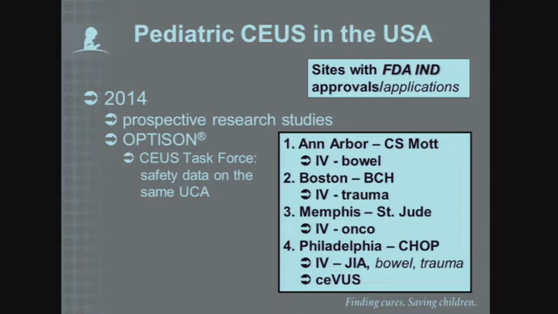We continue to use contrast ultrasound in our pediatric oncology population at St. Jude. And at CHOP, they have gotten approval to use contrast ultrasound for the assessment of juvenile idiopathic arthritis and for contrast voiding ultrasonography. And they have INDs pending for the use in bowel disease and in trauma.